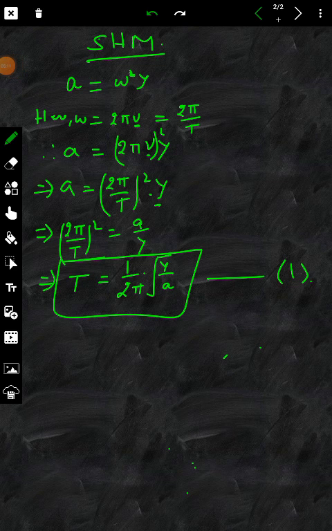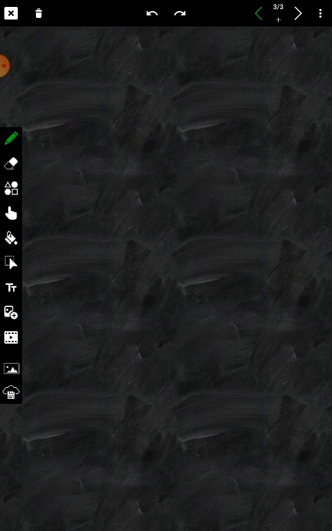Now we can work out two examples of simple harmonic oscillators, meaning particles or objects having periodic motion of the simple harmonic kind. The very first thing we will take is the spring, which is attached to some rigid support. So this is the spring.